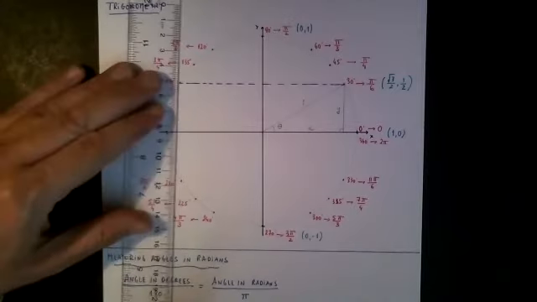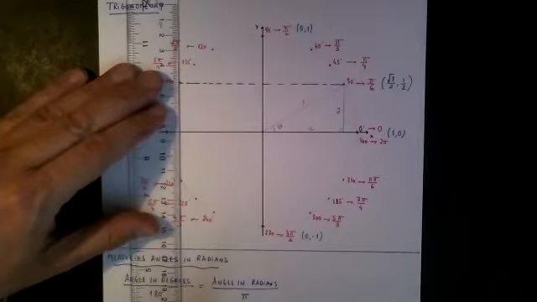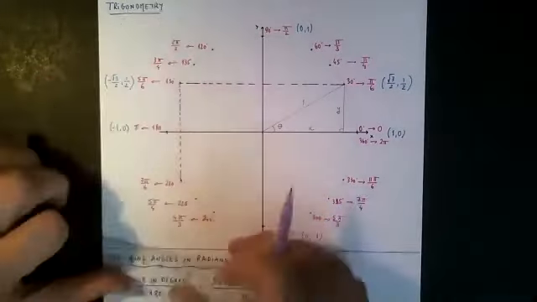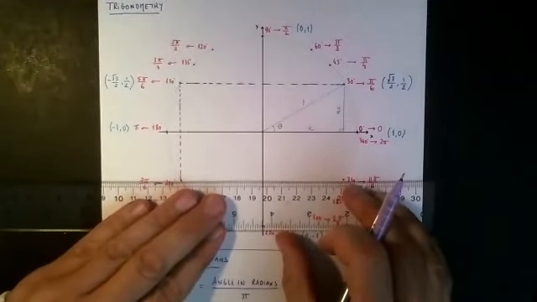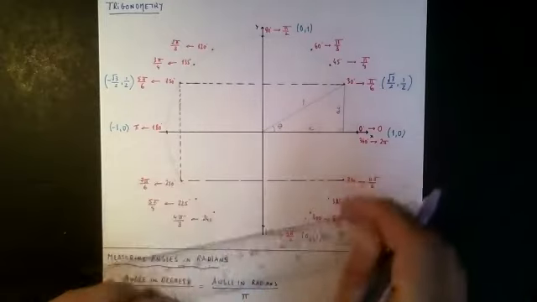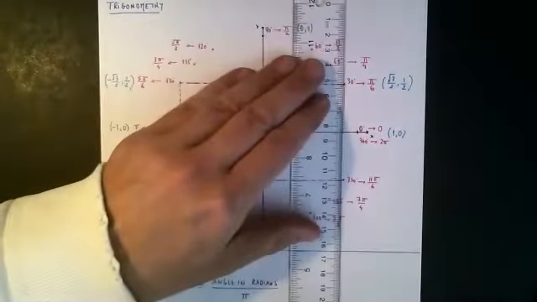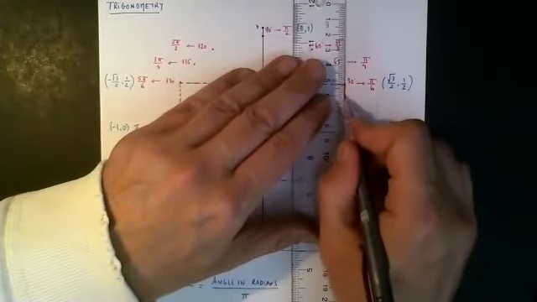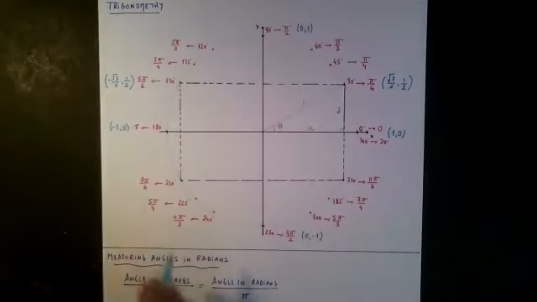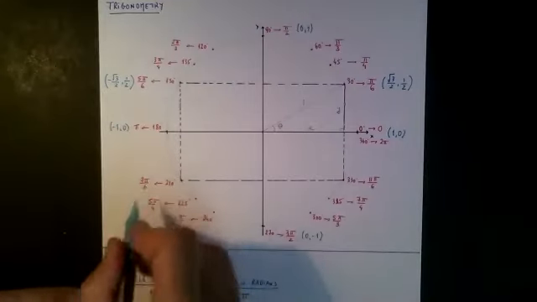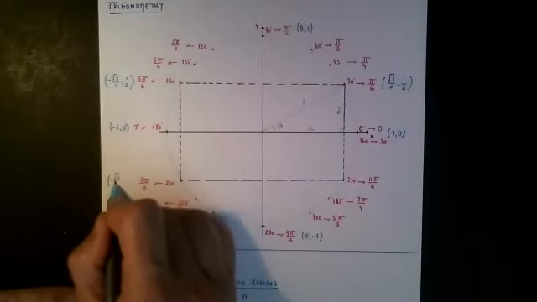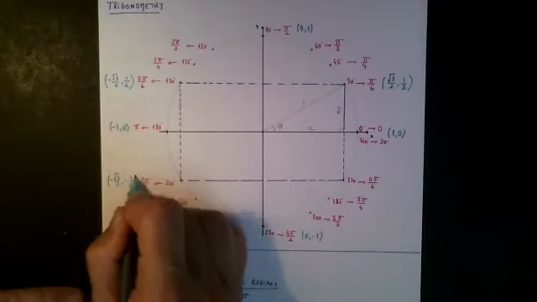Okay, so now I have this one. I could actually find this one also. And if I have this one, I'll be able to find this one as well. So let me find, what is this one here? 210 would be minus √3/2 and minus 1/2.